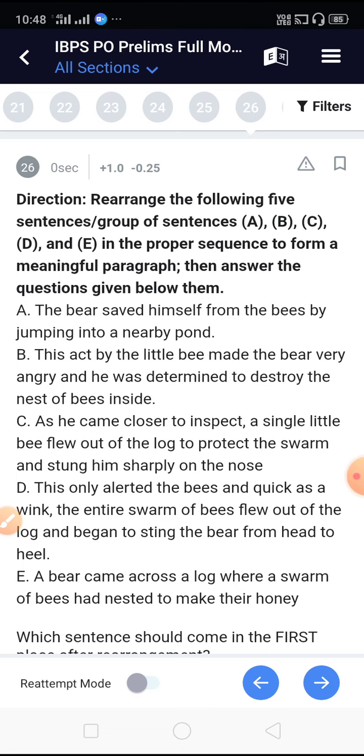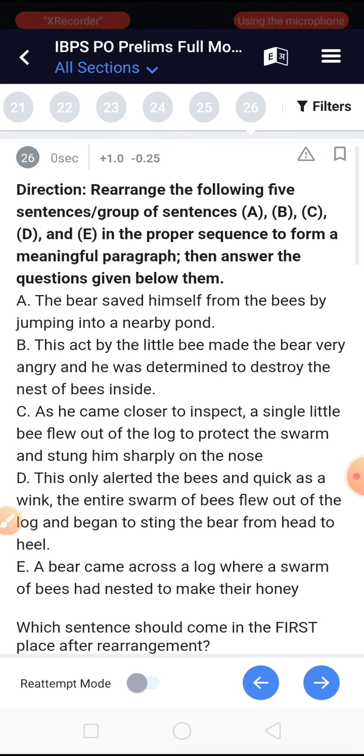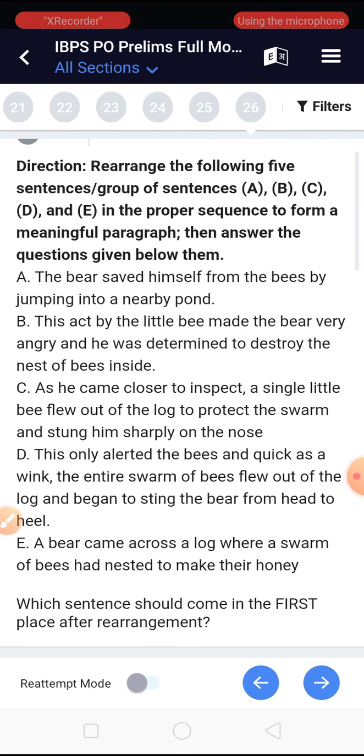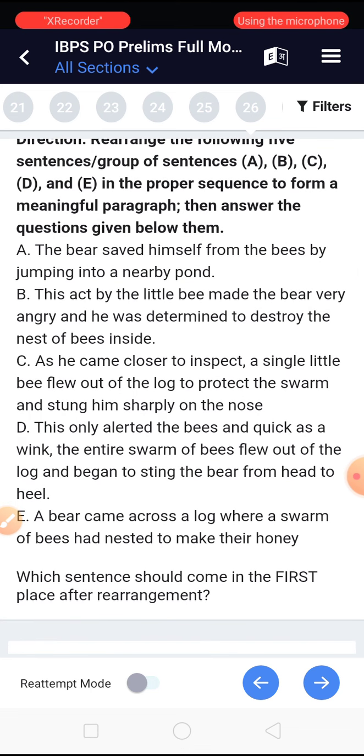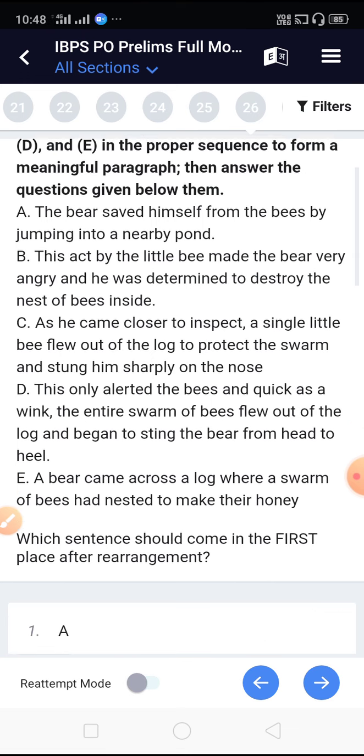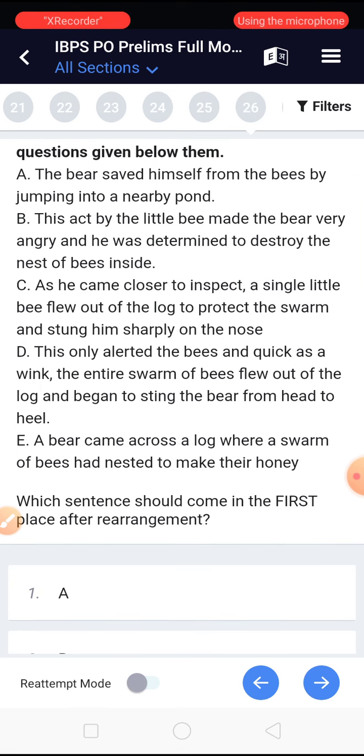As he came closer to inspect a signal, a little bee flew out of the log to protect the swarm and stung him sharply on the nose. This only alternated the place and quick as a wing the entire swarm of bees flew out of the log and stung the bear from head to heel. A bear came across the log where a swarm of bees had nested to make their honey.